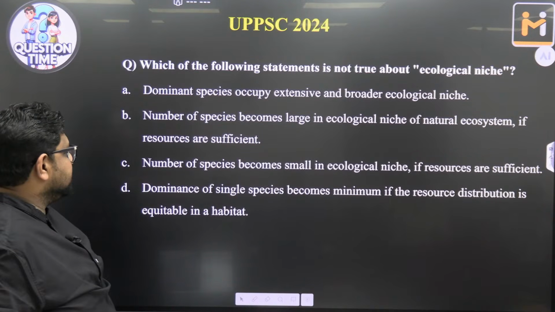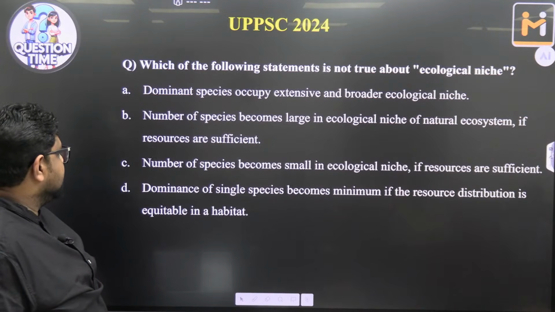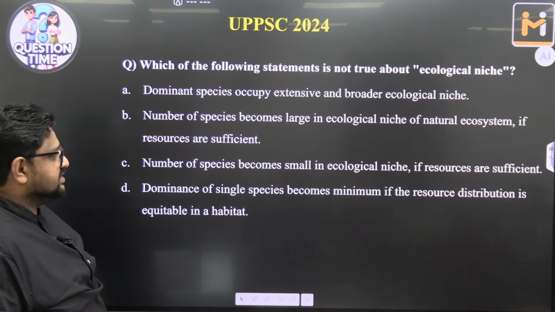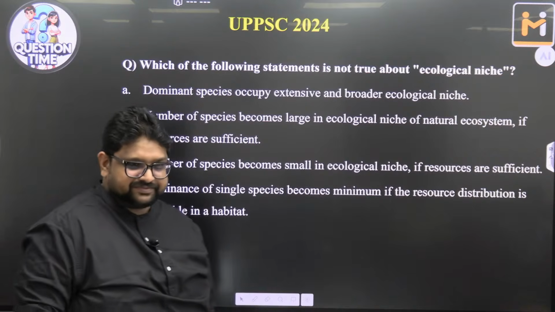Number of species become large in ecological niche of natural ecosystem if resources are sufficient. Number of species become small in ecological niche if resources are sufficient. Dominance of single species becomes minimum if the resource distribution is equitable in the habitat.